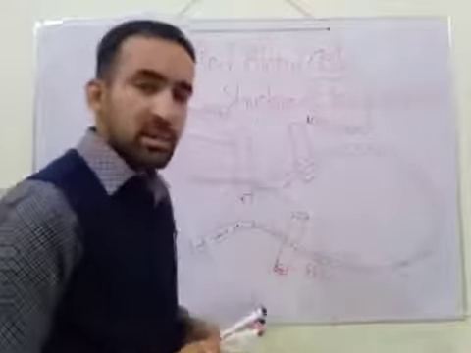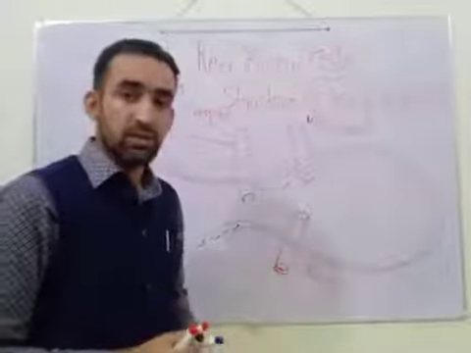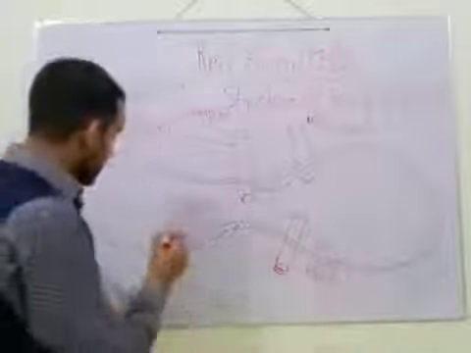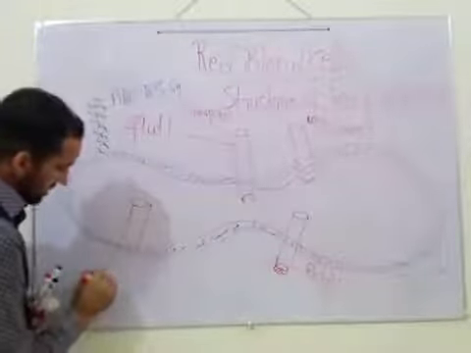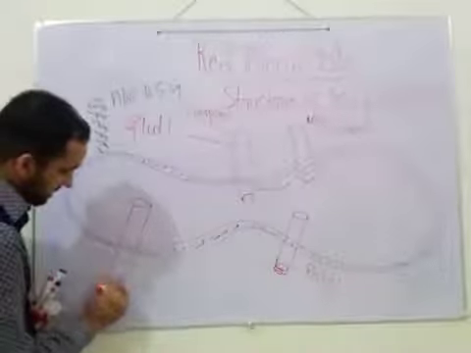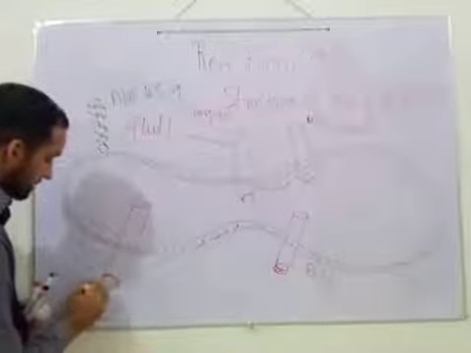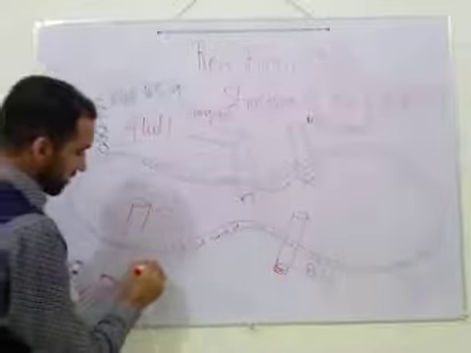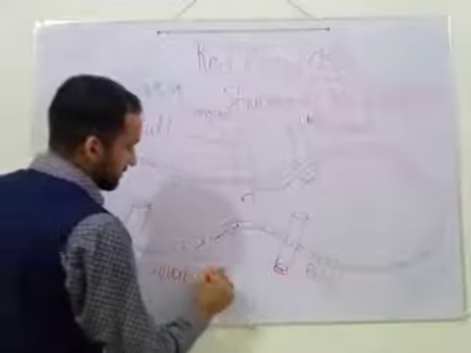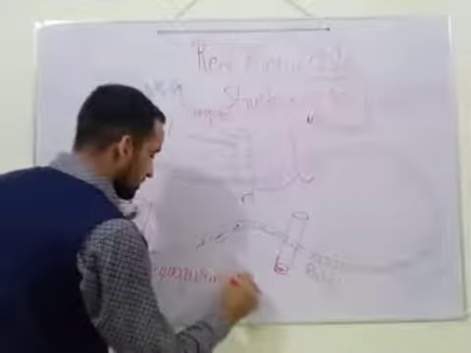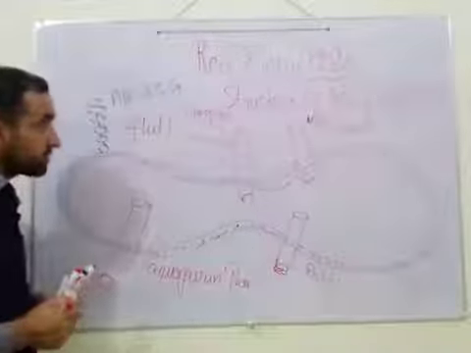Another transporter present in the cell membrane of the red blood cell is for water, which is called aquaporin. For example, this is another transporter present on the cell membrane of red blood cell, and it is for water transportation. So it is called aquaporin protein or transporter. Aqua means water.